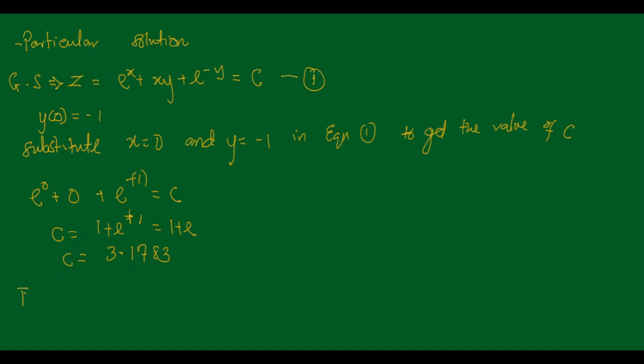So therefore, the particular solution of the differential equation is given as Z is equal to e raised to the power of x plus xy plus e raised to the power of minus y, which is equal to 3.7183.